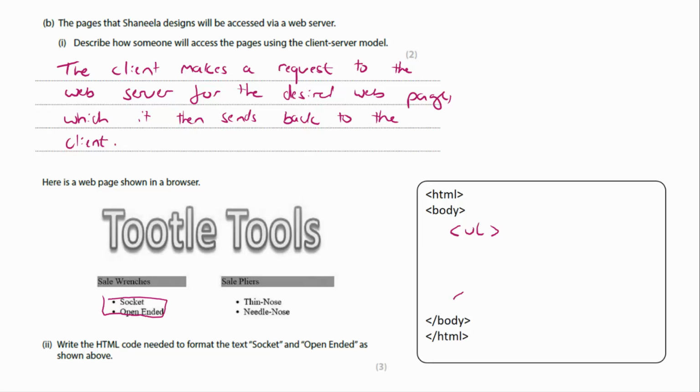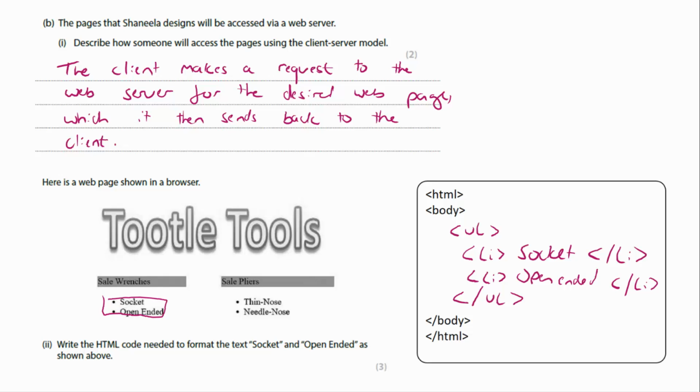and we've got to do a closing tag as well. So we've always got closure tags, and then we need to actually define the list objects, so socket and open-ended, so li, and then just write socket, and then close this, and have I got enough space to do open-ended, and then close this, and that's it.